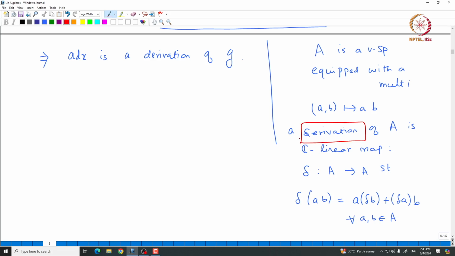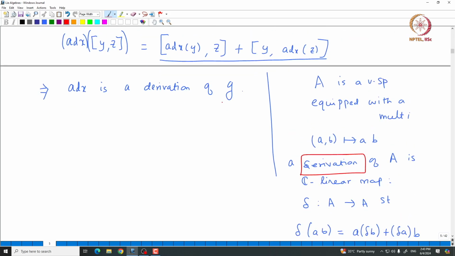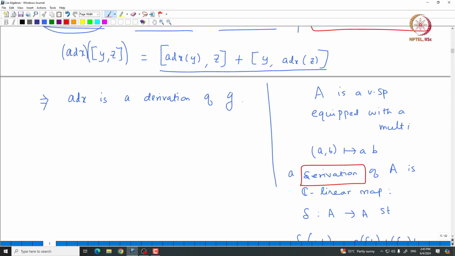Okay. If we take this definition of derivation for a general vector space equipped with a multiplication, then we can see that this ad x is indeed a derivation. So this is just the second part, A times delta B, and then this is delta A times B, which is delta acting on AB.